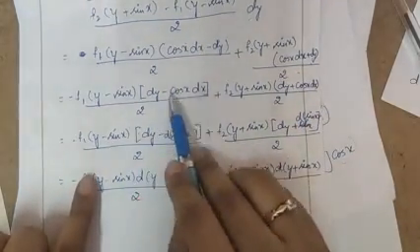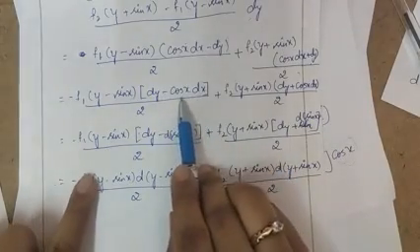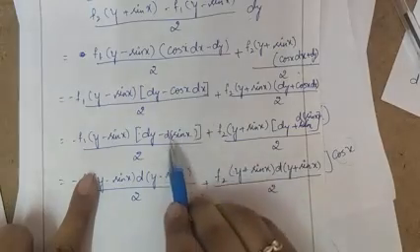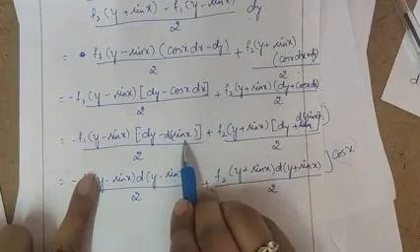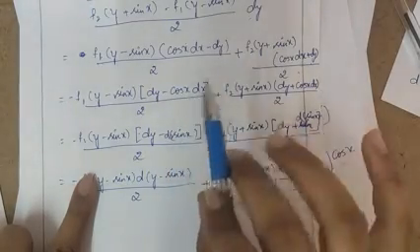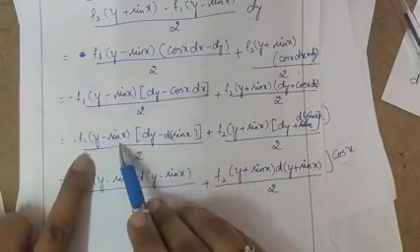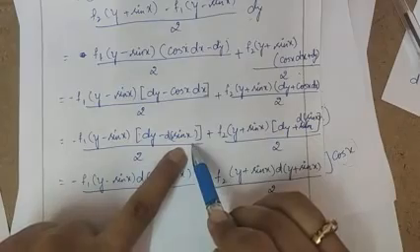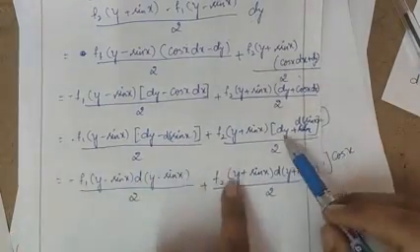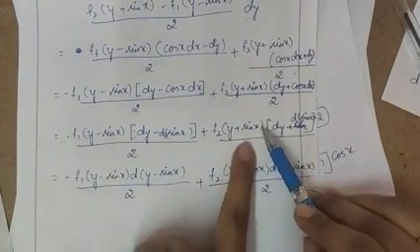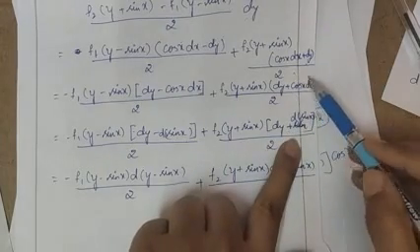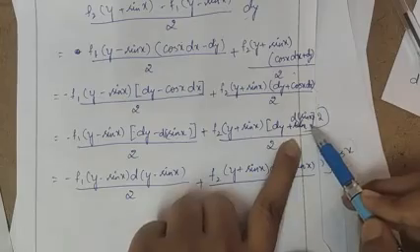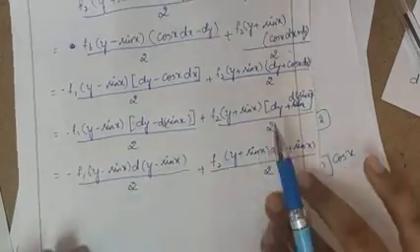So cos x dx is nothing but the differentiation of sin x with respect to x. So I can write this as the differentiation of sin x, and you will get cos x dx itself. So minus f1 of y minus sin x as it is, dy minus differentiation of sin x with respect to x. Similarly, f2 of y plus sin x as it is, dy as it is, and cos x dx I can write as differentiation of sin x with respect to x, whole divided by 2.